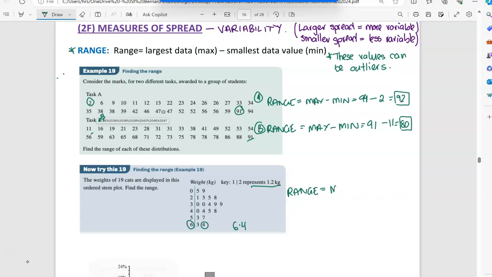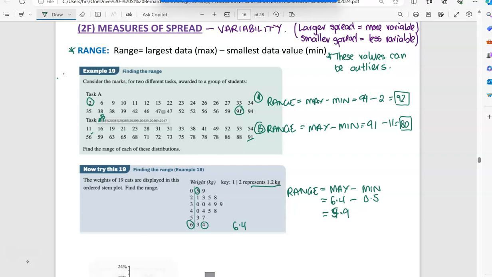There are things like that you should always be doing to check that what you're doing is correct. So 6.4 minus the smallest, which was 0.5. So the range for the cats' weights is actually 4.9. 5.9. Gee, I'm on a winner today. 5.9.